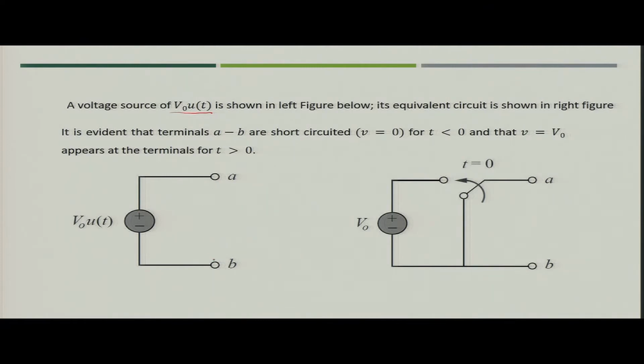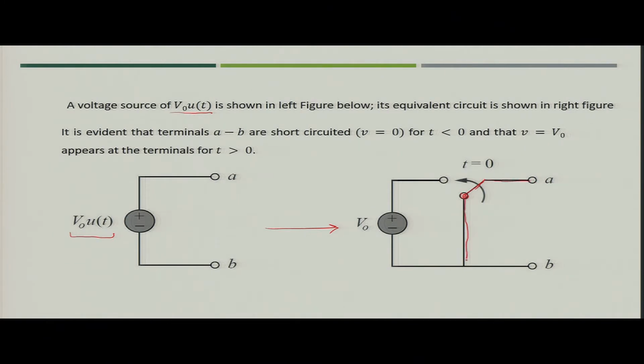If you see between the two terminals A B, the voltage source V naught u(t) is applied. That is nothing but the condition which you represent with the help of a switch in the circuit. The circuit is represented like this, and this is the switch, which you can initially put at this position.